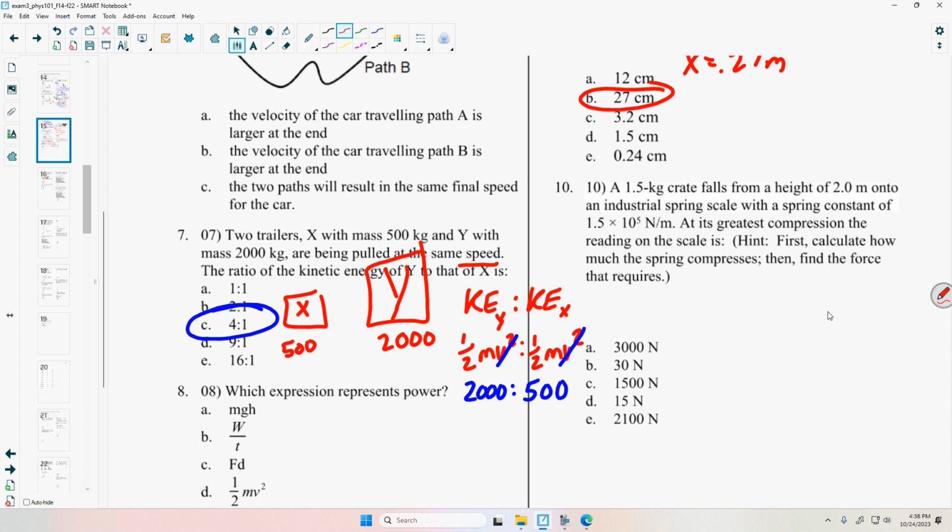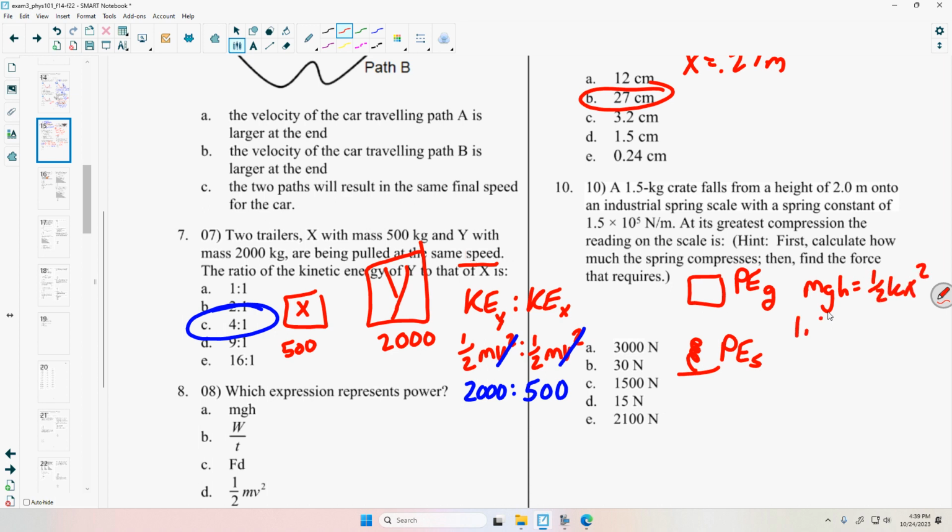Oh yeah, so I gave you a hint here that you first want to calculate how much the spring compresses and then find the force. So two things happen. I have this box that falls onto a spring. That means that all of the gravitational potential energy up here is turning into elastic potential energy here. So I say mgh equals 1/2 kx squared, and then I solve that for x.